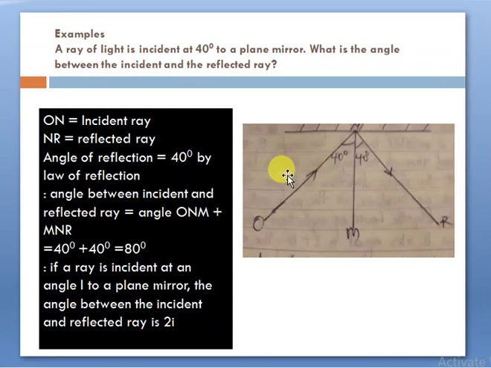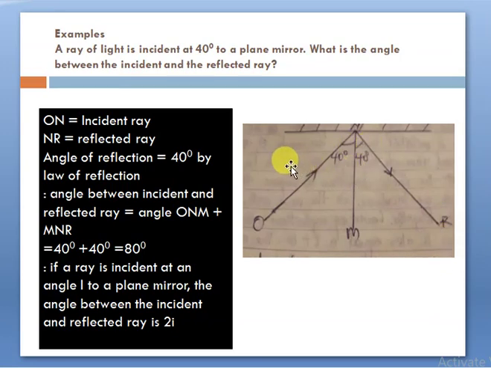Now, from the second law of reflection, angle of incidence is equal to angle of what? Reflection. So, since angle of incidence ONM is 40, the angle of reflection MNR will equally be what? 40.